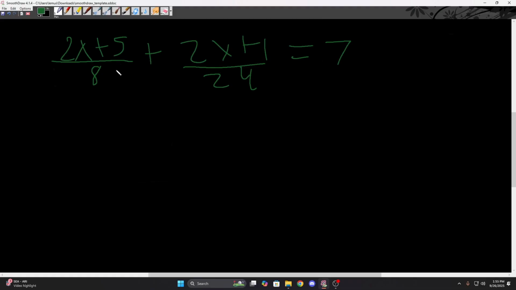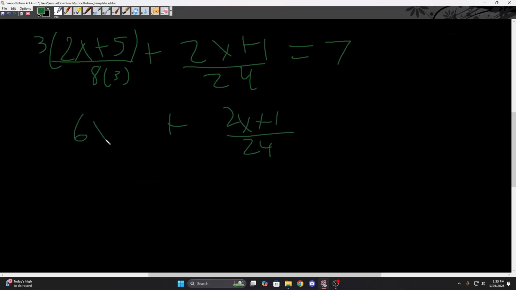What I would do is try to get these two the same. So how many times does 8 go into 24? That would be 3 times. All right, so that'd be 3 times this. Now you should have the same denominator.